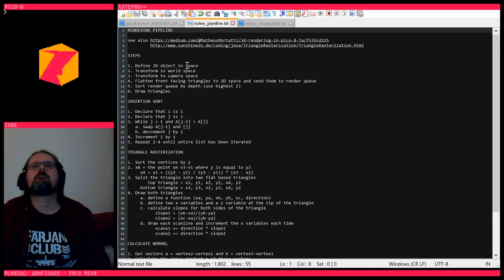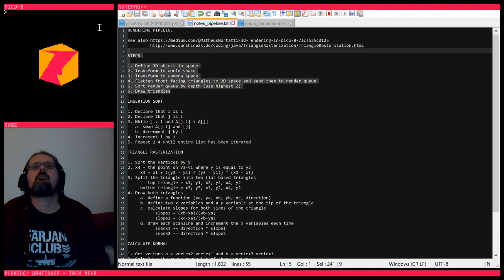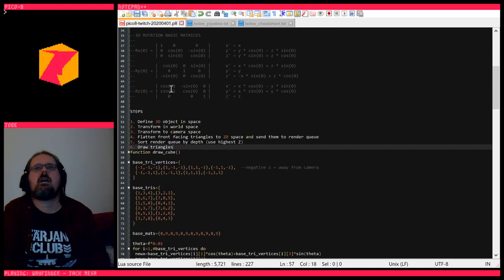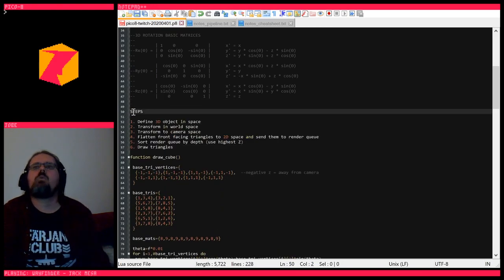So our steps for the rendering engine are as such, and we're going to sort them.